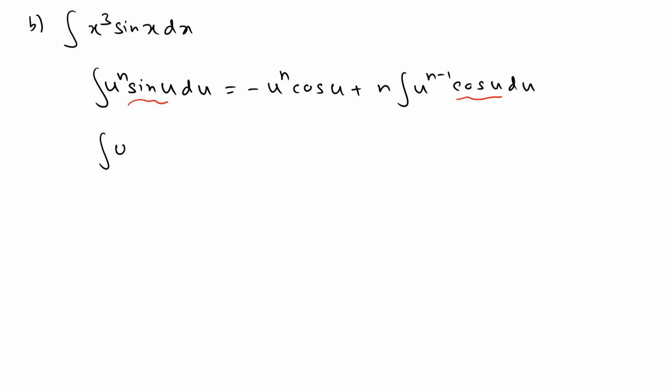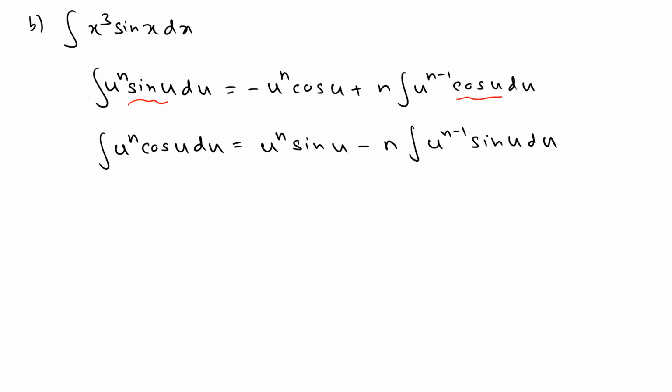So the cosine formula is the integral of u to the n cosine u du equals u to the n sine u, minus, now plus on the first one, and then n times the integral of u to the n minus 1 of the other type, sine u du.